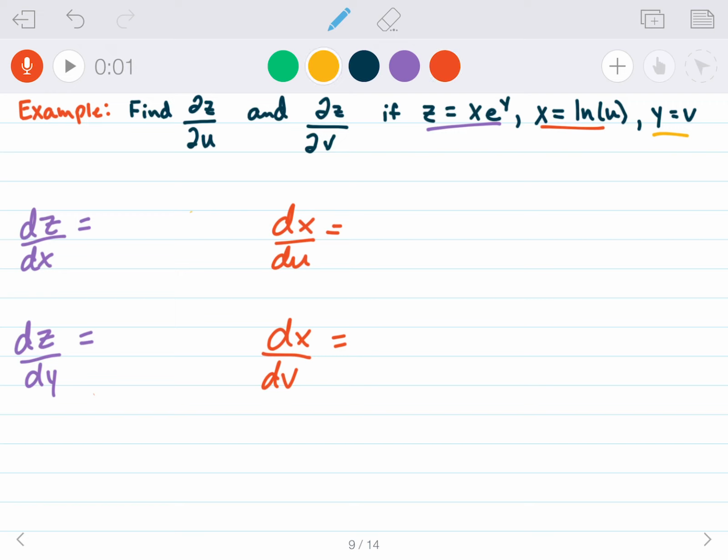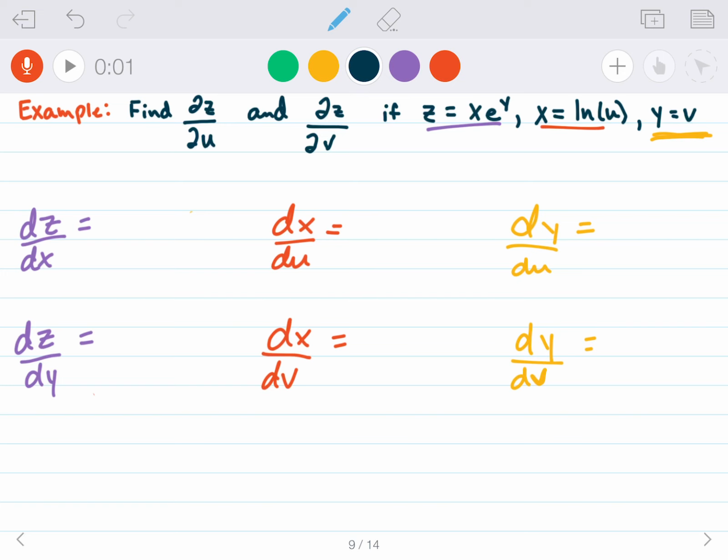And same thing for the yellow. For the yellow, in theory, we should be able to find dy du, since it's a function of u, but y is also going to be assumed to be a function of v, so even though the v isn't explicitly written there, we should be able to find dy dv. And we're going to get some zero terms here, which is okay.